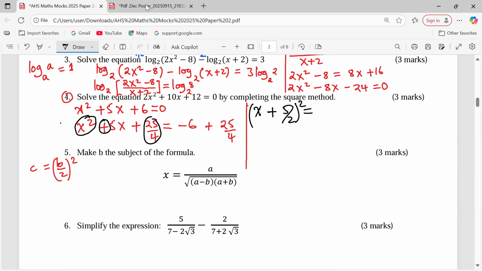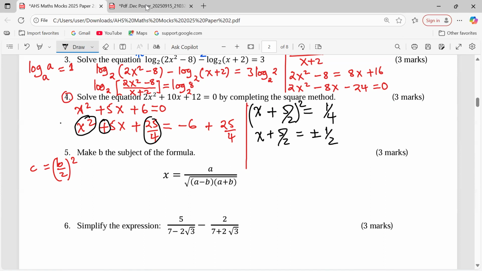Then on the other side, -6 plus 25 over 4 gives us a quarter. So we can now take the square root. x plus 5 over 2 equals plus or minus half.